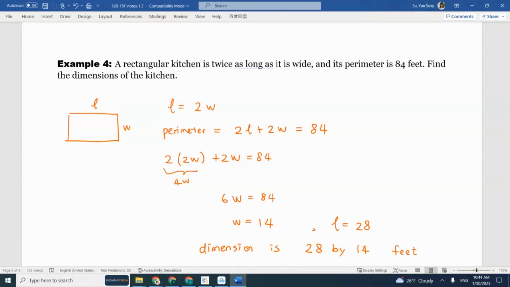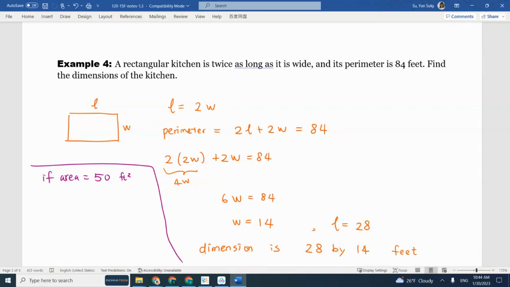So the unit is feet. So far, so good, everybody? Okay. How about I ask you a different problem here. How about if the area is 50 square feet, then what do you do?